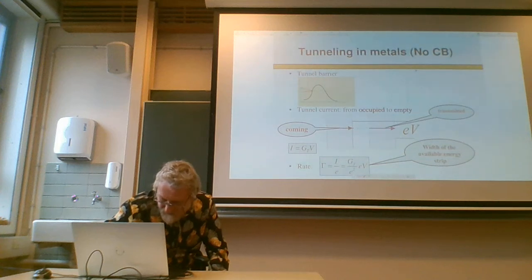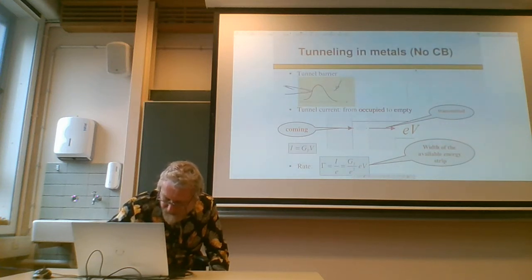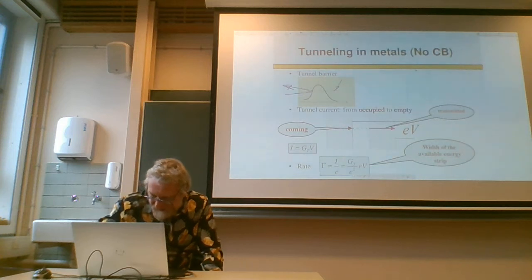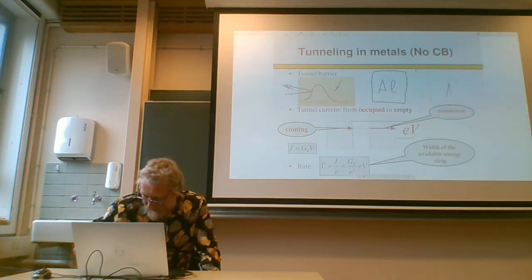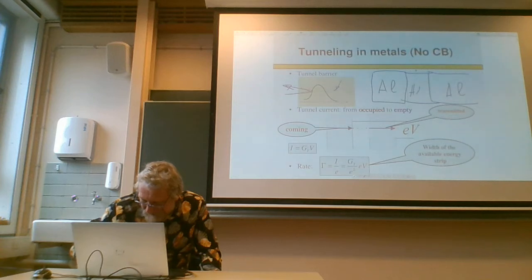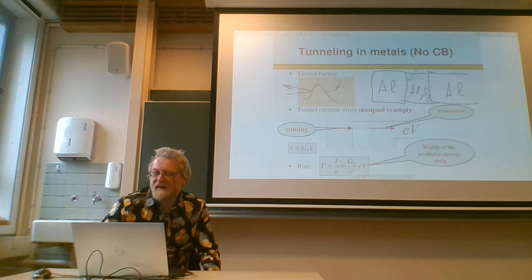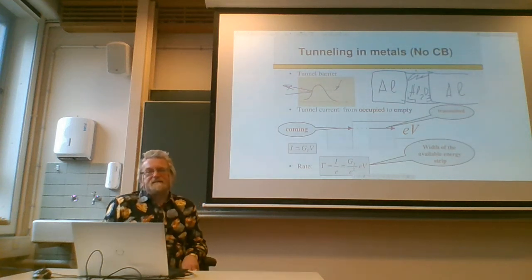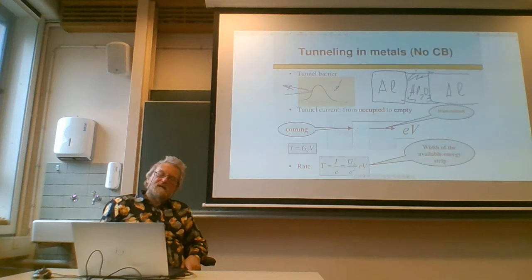Let us see, the tunnel barrier that we know about. Electrons come to a barrier, they have very little chance to get through. Mostly they are reflected. That's the realization of the barrier. There is a metallic electrode, for instance, aluminum. That's another lecture. And there is aluminum oxide separating these electrodes.